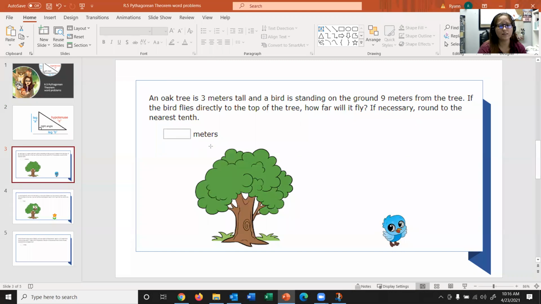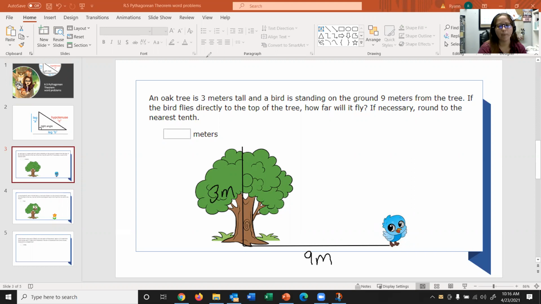So looking at this, this oak tree is 3 meters tall, and we're just going to label this 3 meters. Now the bird is standing on the ground, and it is 9 meters from the base of that tree.